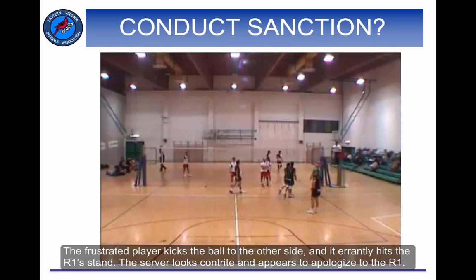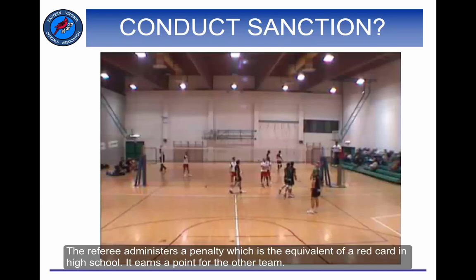The server looks contrite and appears to apologize to the R1. The referee administers a penalty, which is the equivalent of a red card in high school. It earns a point for the other team.